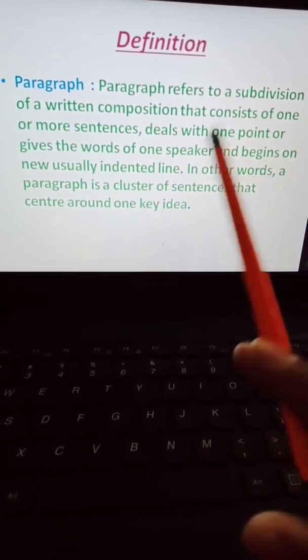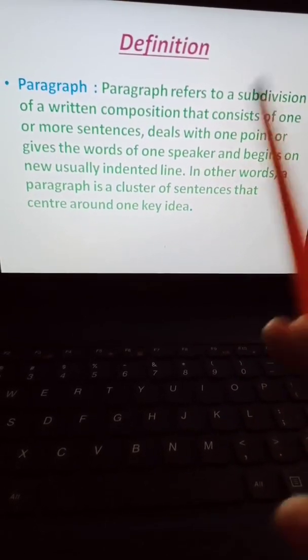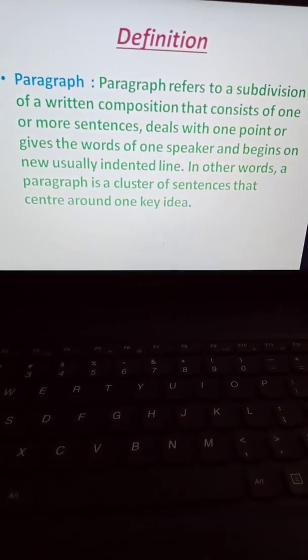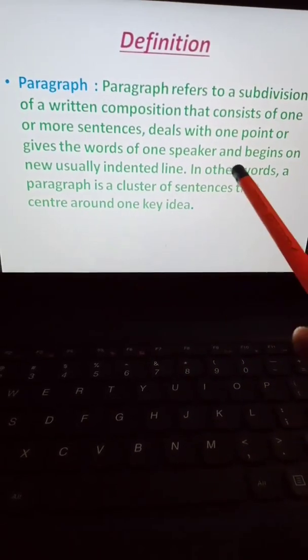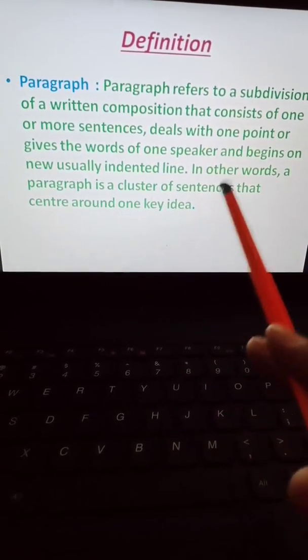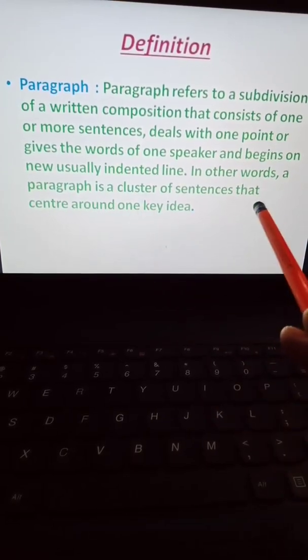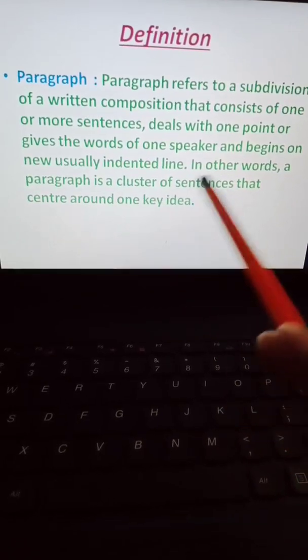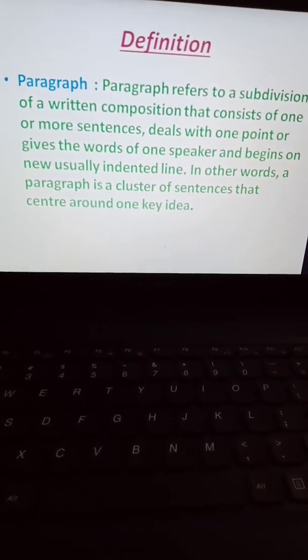In other words, a paragraph is a cluster of sentences that center around one key idea. So that means a paragraph is a group of sentences which discusses only one main idea.